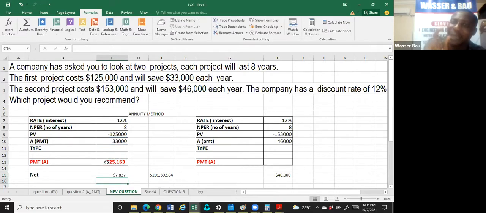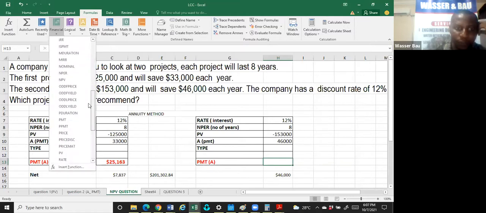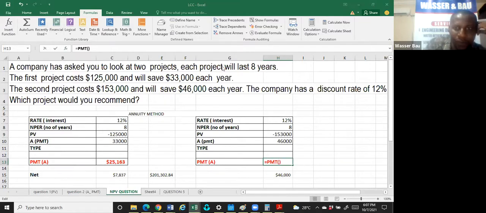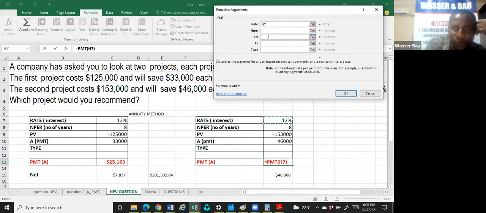So the net amount I'm getting per year, annuitized, per annum, is 7,837. Whereas for project B, let's do PMT, rate 12, years 8, present value this.